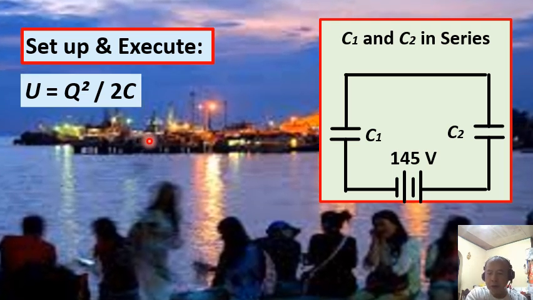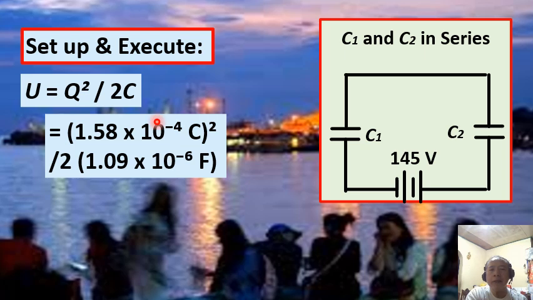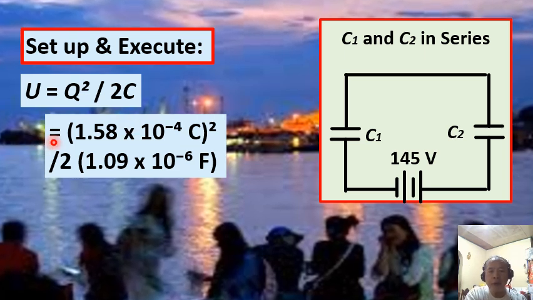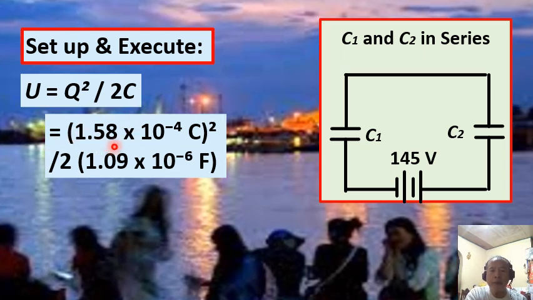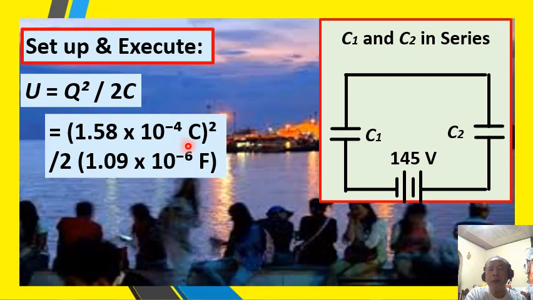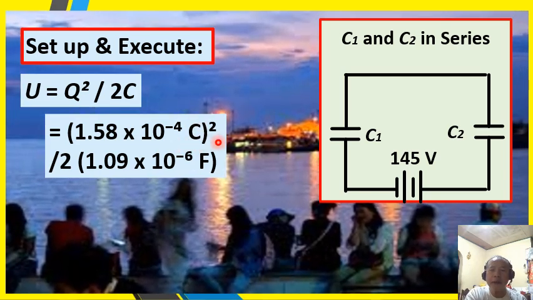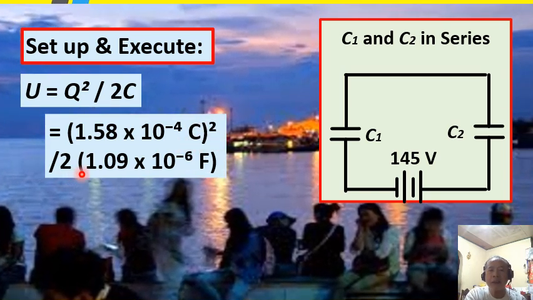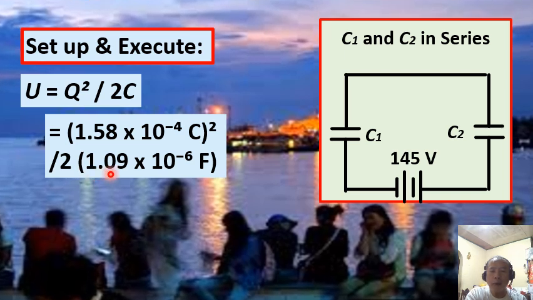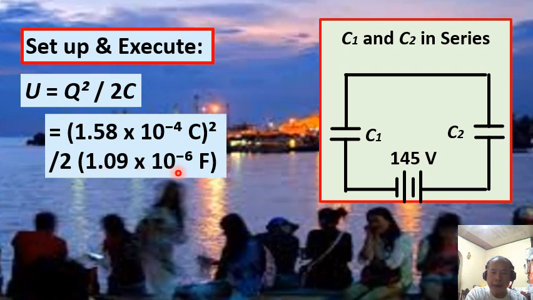Substituting the quantities, we get big U is equal to 1.58 times 10 to the negative 4 coulomb, squared, and then divided by 2 times 1.09 times 10 to the negative 6 farad.